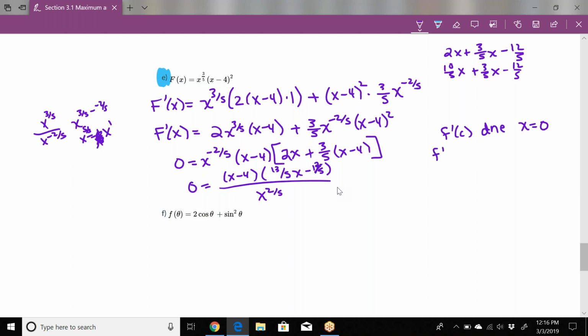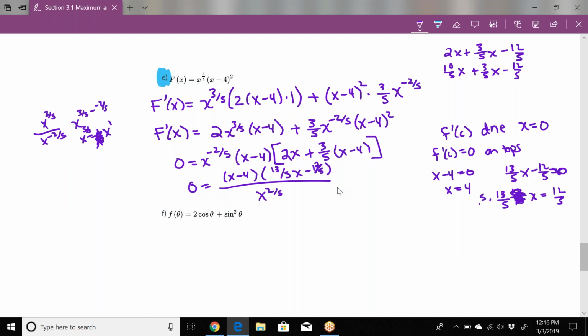The other thing is f prime of c equals 0 on the tops, so we need to set those equal to 0 individually. So x minus 4 equals 0 would be x equals 4, and 13 over 5x minus 12 over 5 equals 0. We would add over our 12/5 and multiply by 13 over 5.